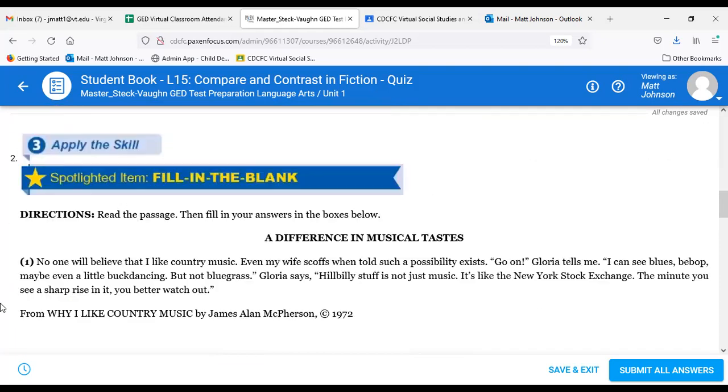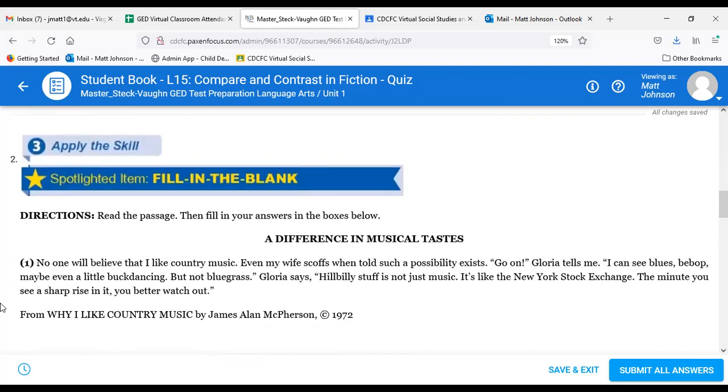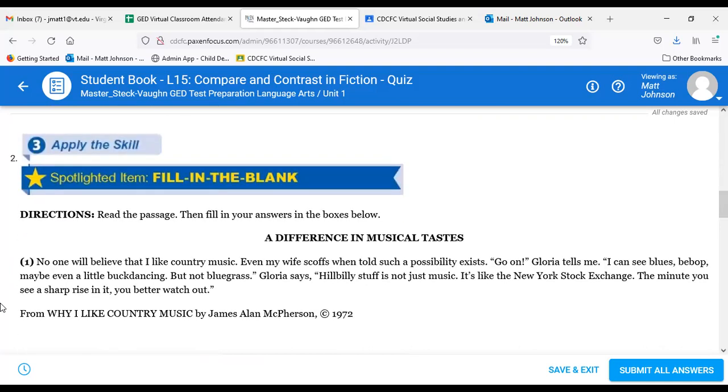Let's see here. Short passage. Sasha Gay, would you like to read "Difference in Musical Tastes"? No one will believe that I like country music. Even my wife scoffs when told such a possibility exists. Go on, Gloria tells me.